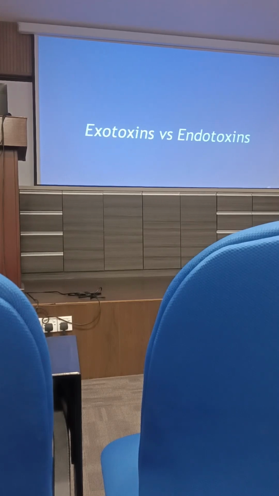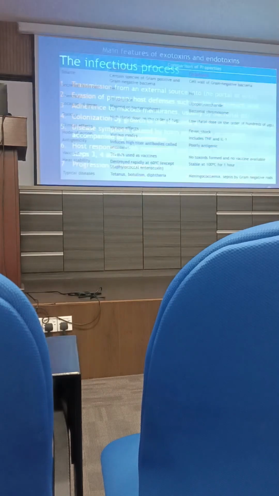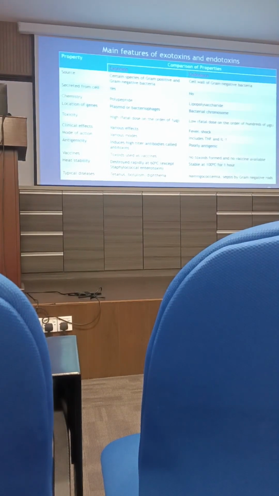Polypeptide. Which one is polypeptide? Exo or endo? Exo. Exo is a polypeptide. Endotoxin is a polysaccharide. What else? The location of genes. Exotoxin is on plasmid or bacteriophage, right?